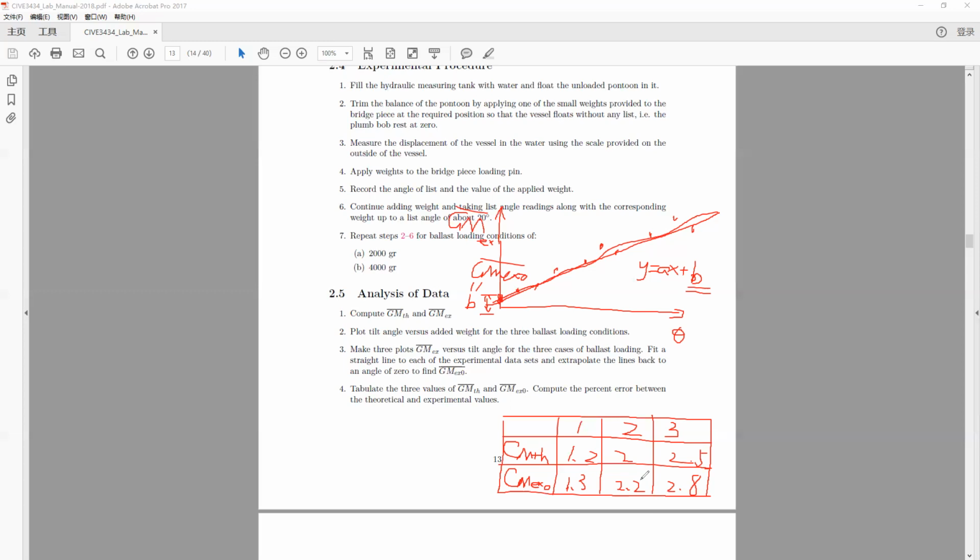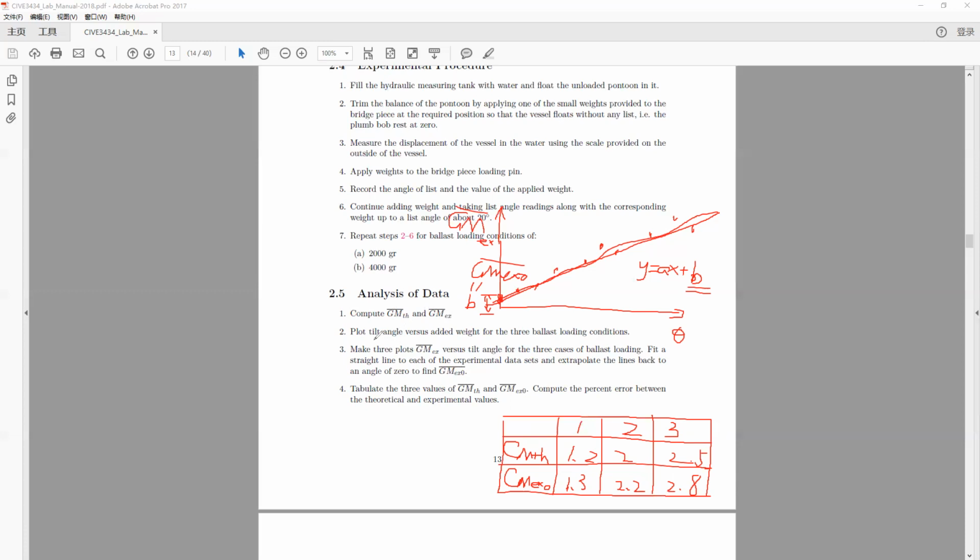Let me repeat what I want in the analysis of the data. Using a table, tabulate the GM experimental for each case. GM theoretical you can just leave to part 4, because eventually you have to make a table for GM theoretical and GM experimental 0. So just leave this part to part 4 and just tabulate the GM experimental.